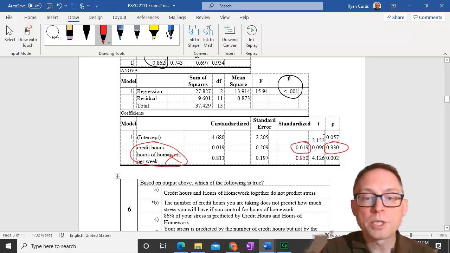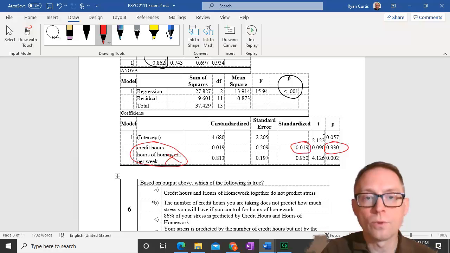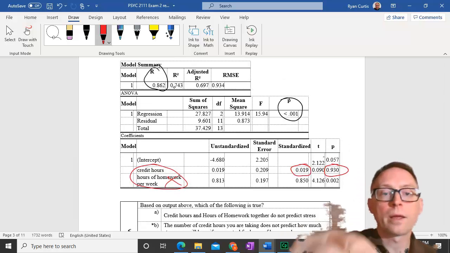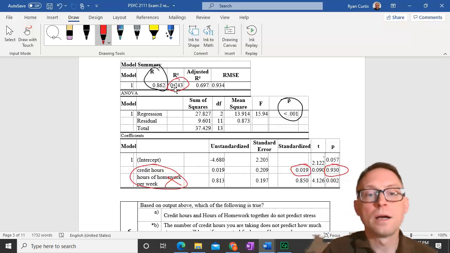C, 86% of your stress is predicted by credit hours and hours of homework. That is looking for R squared right here. This is the percent of stress that is predicted by credit hours and hours of homework together.